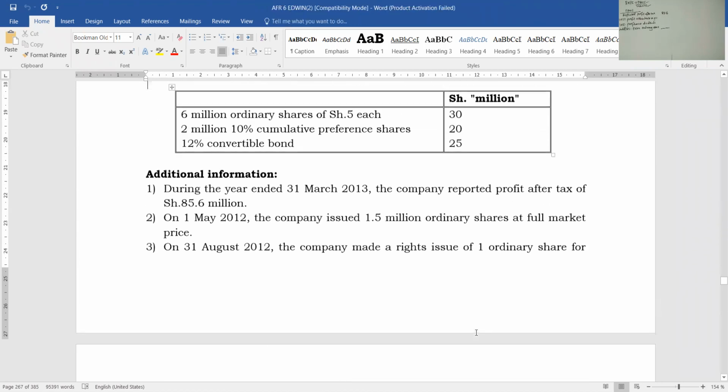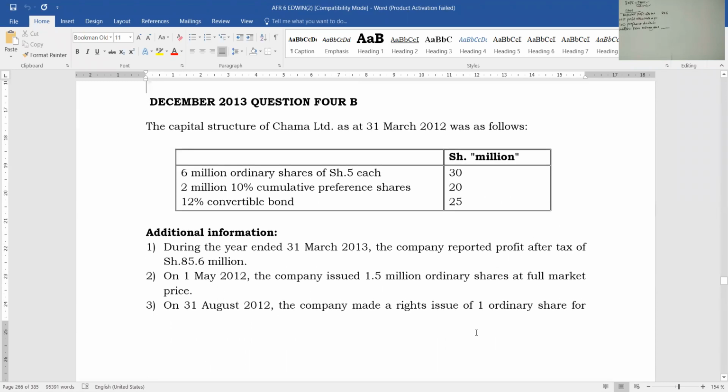What we are given in this capital structure is as at 31st March 2012, just one day before, so these were the closing balances of the previous financial year, which will be the opening for the current year.